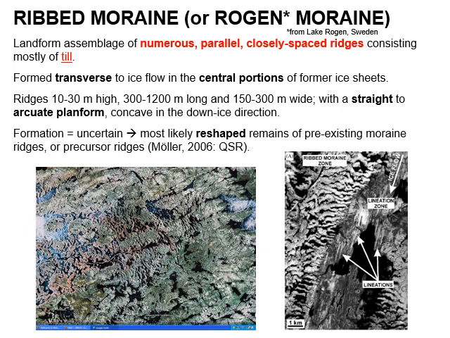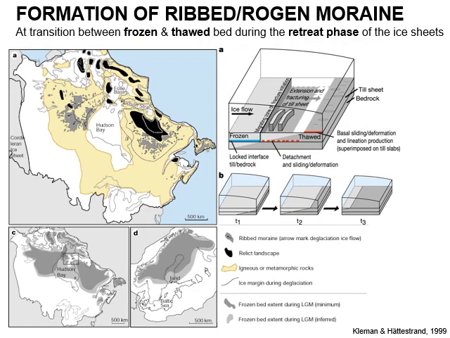So on the inside part of the ice sheets, and the formation is a little bit uncertain, but the theory that is most likely for the formation of these Rogen moraines is that they form at the transition of a frozen bed to a non-frozen, a thawed bed.